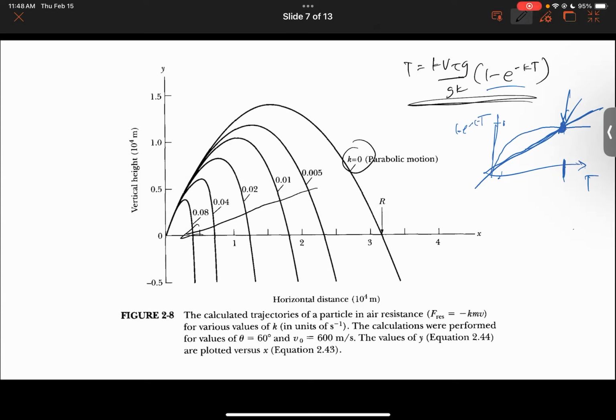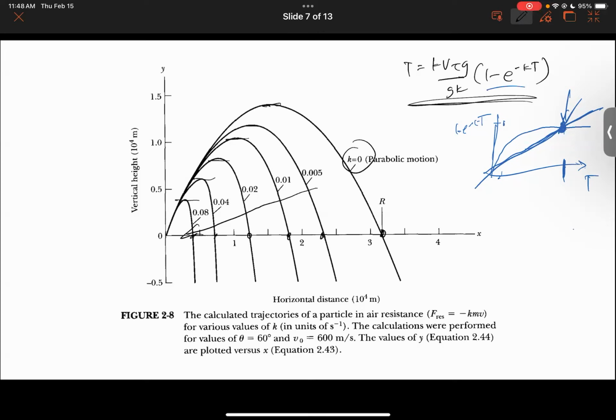Habang nag-increase yung air resistance, makikita nyo na yung range ay paliit din ng paliit, which is intuitive, diba? Yun naman talaga ang ine-expect natin. Makikita nyo rin na yung maximum height na maaabot ng bawat particle also decreases with respect to the value of K.